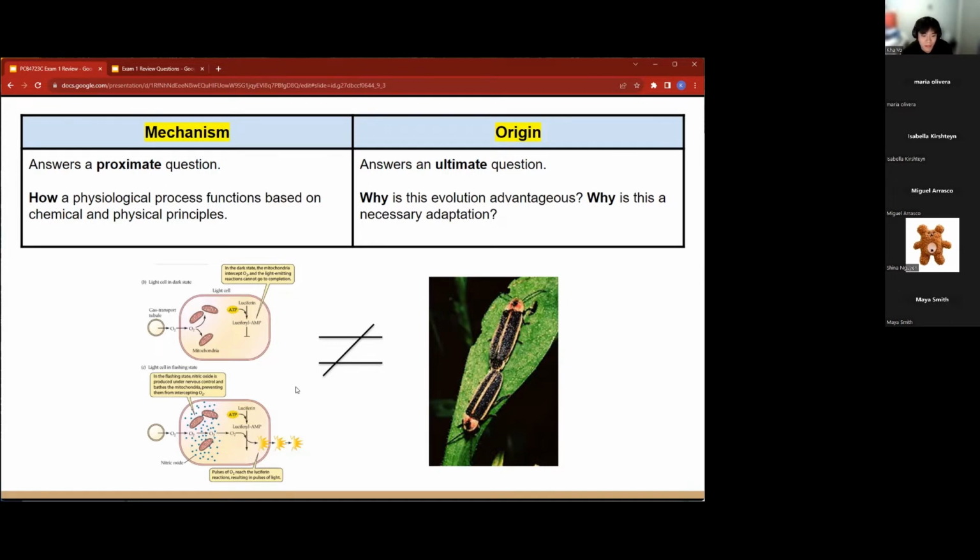So for example, you might get a question that says, which of the following statements answers an ultimate question? And you'll get a list from A, B, C, D, E. Maybe four of the choices will talk about molecular stuff, and then one of the choices will explain this is important because it allows them to breed and find each other at night. Things like that.